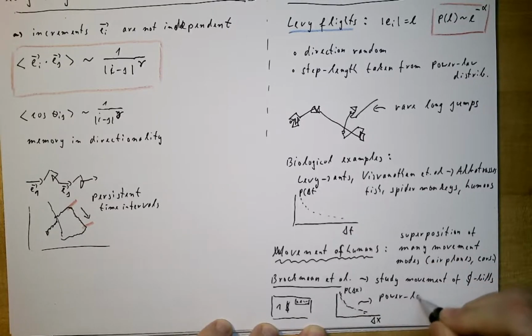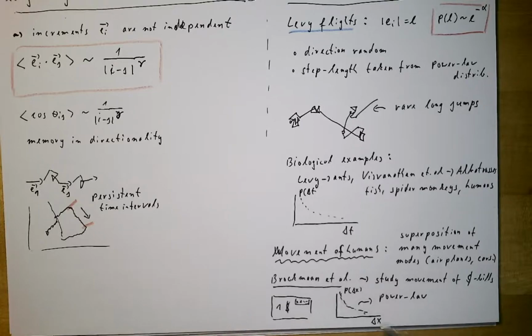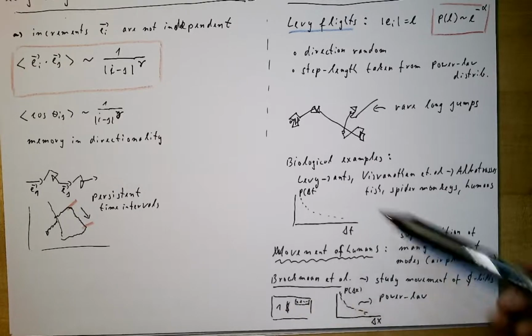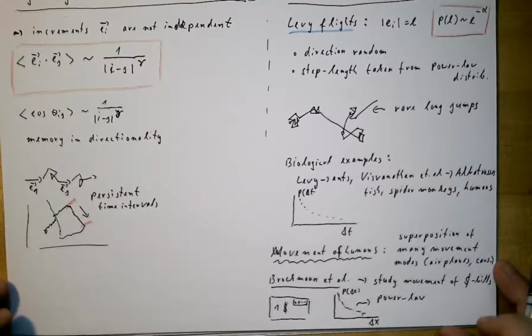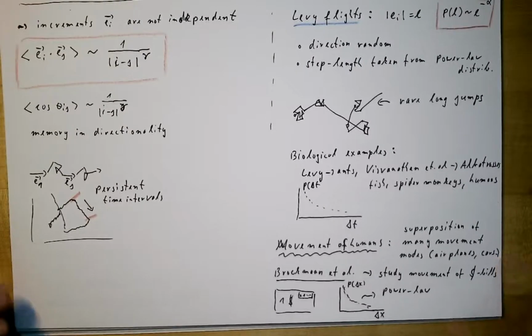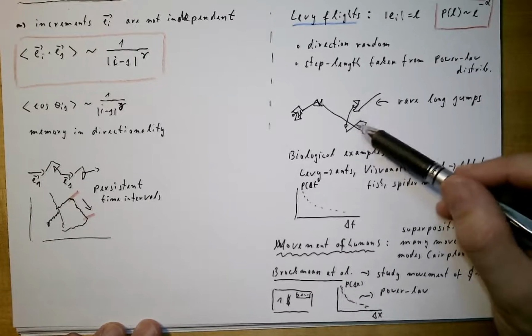And how to detect power law in such distributions we have seen a lot. And so this really indicated that humans on average really follow a power law, so the movement of humans is super diffusive.